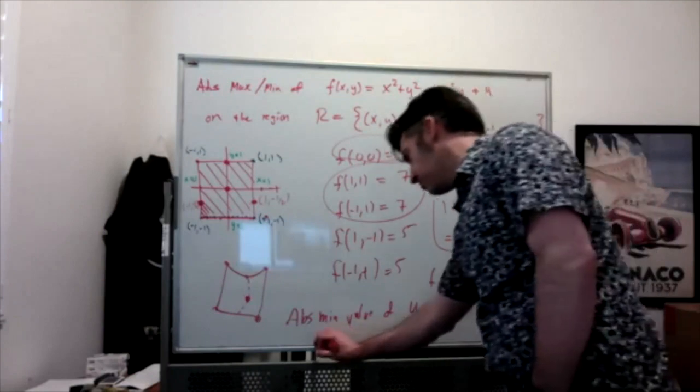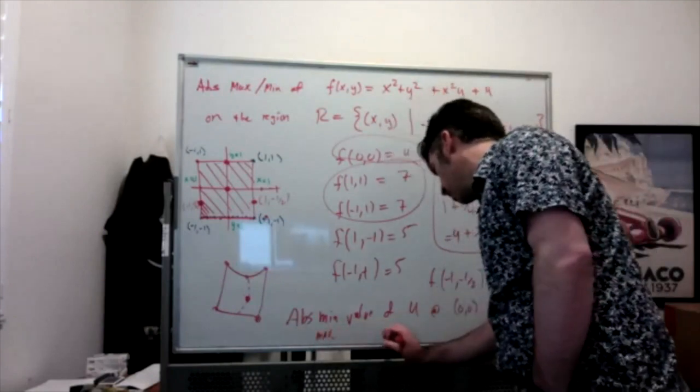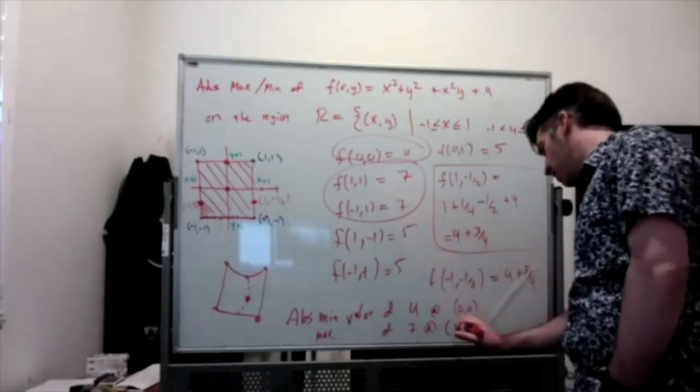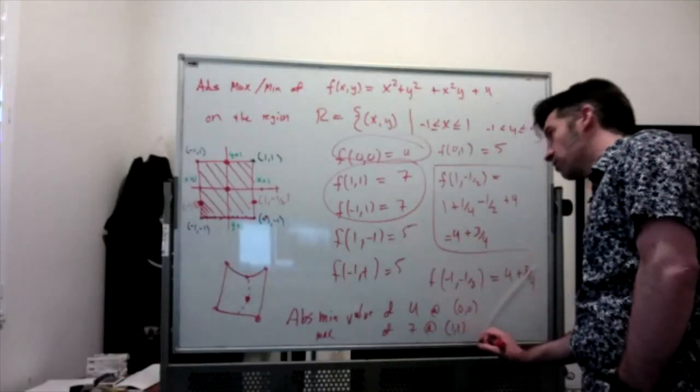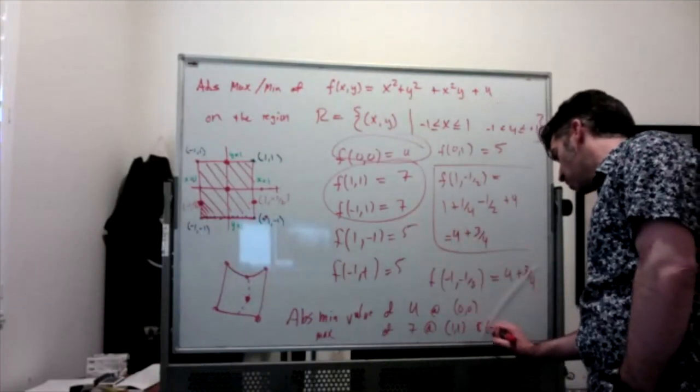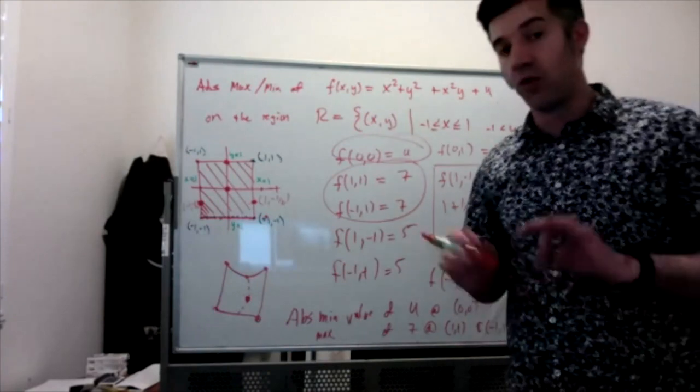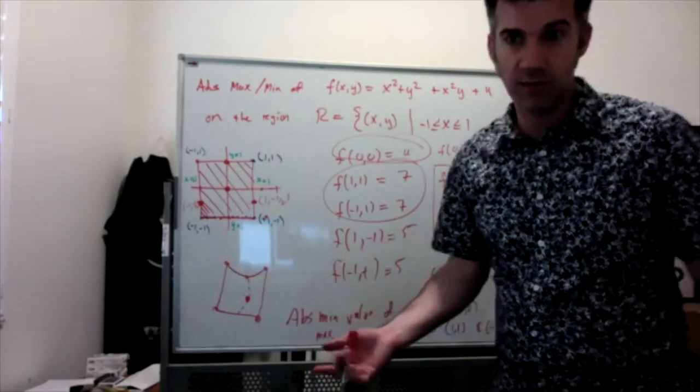And we have an absolute maximum value of 7 at both the points 1, 1 and negative 1, 1. So it's definitely possible to have an absolute maximum for more than 1 point. Same for an absolute minimum.